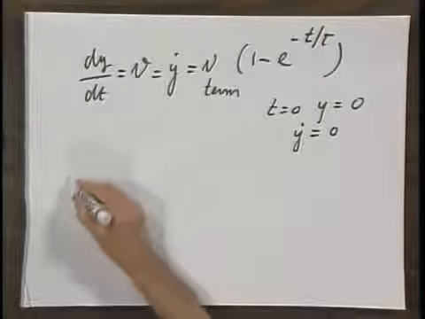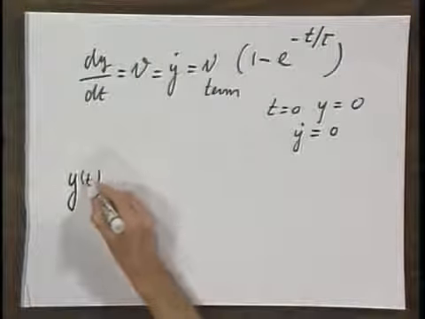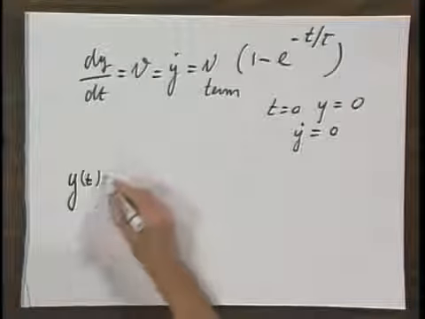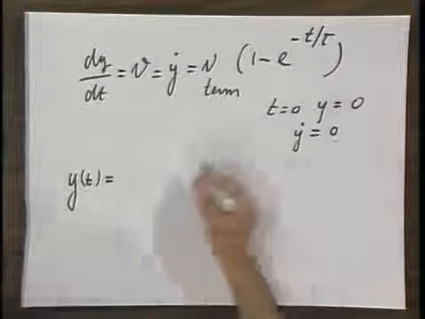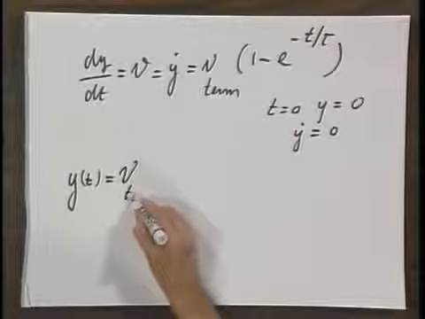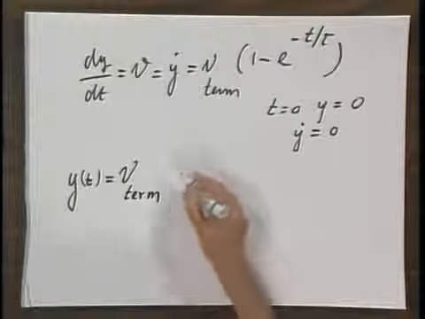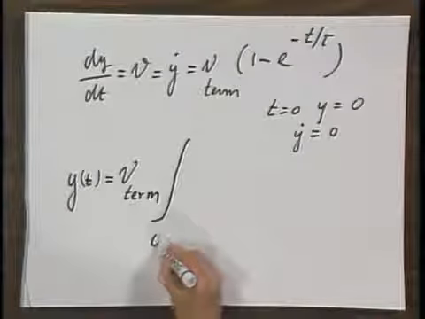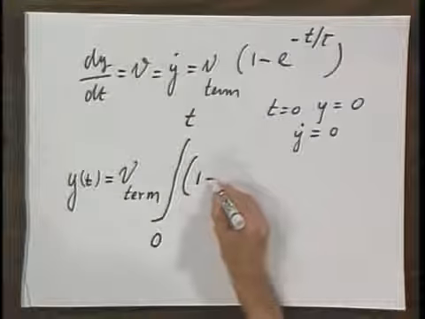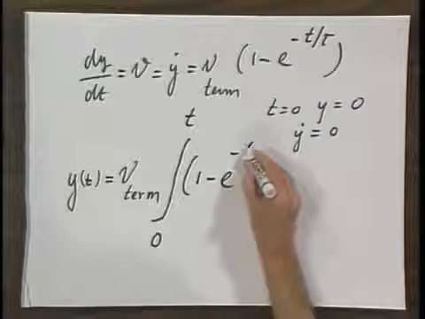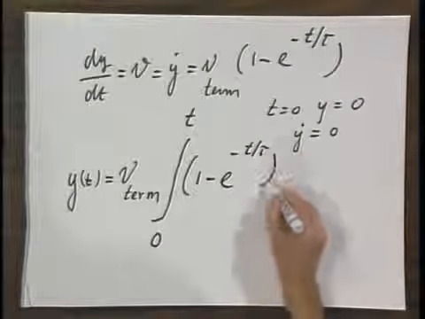How do we find now y as a function of time? Where it is as a function of time? Well, that becomes an integral, and I leave it up to you to execute that integral. It's not the hardest one. It is the integral from 0 to t, 1 minus e to the minus t over tau dt.